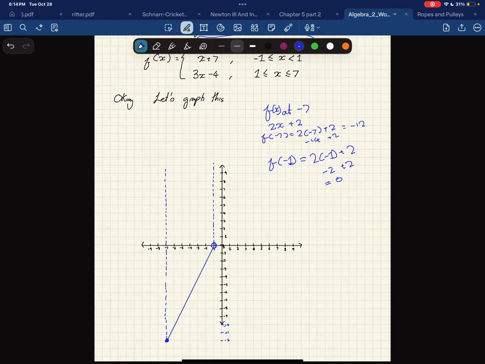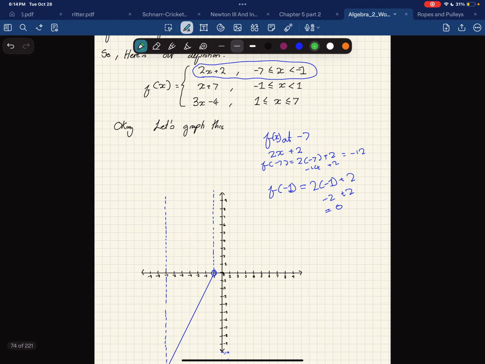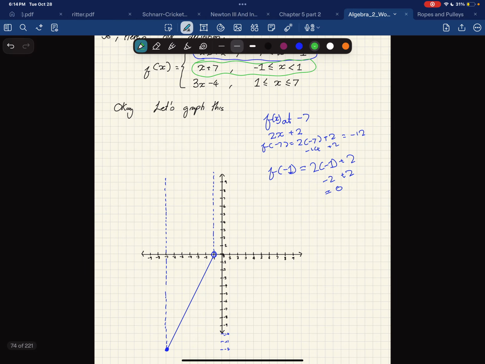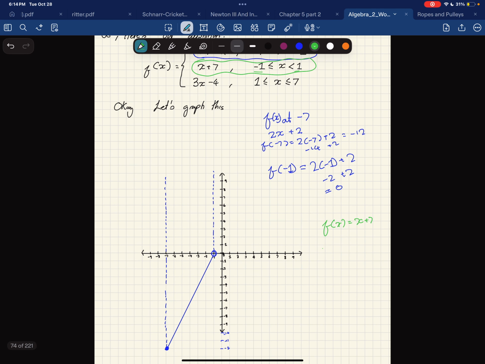Let me change colors. Let me do this one here now. All right. So my function f of x is x plus 7. So again, get the endpoints. Get the endpoints. Because 2 points make a line. So I know I have at x equals -1.